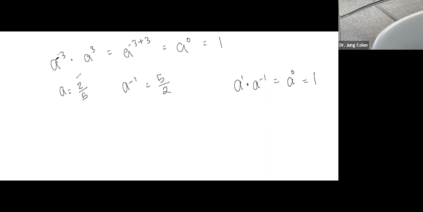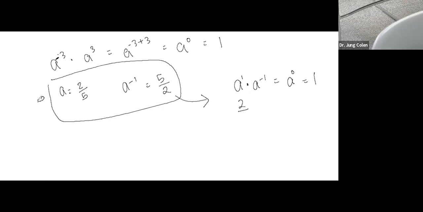So let's take a look at this specific example and apply that to this rule. A to the 1 power, we know a is 2/5. And a to the negative 1 power is the reciprocal of that, which is 5/2.